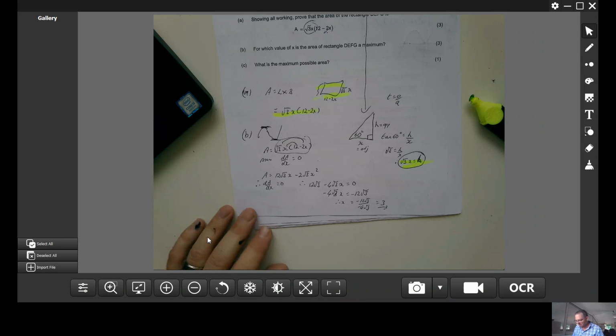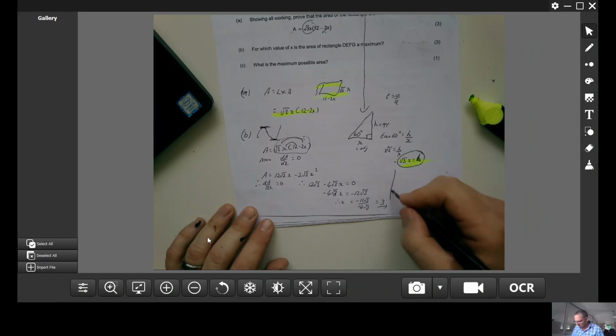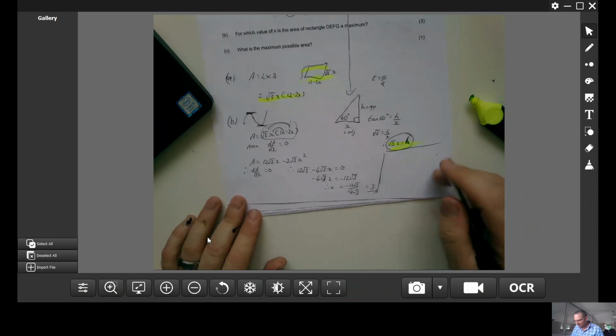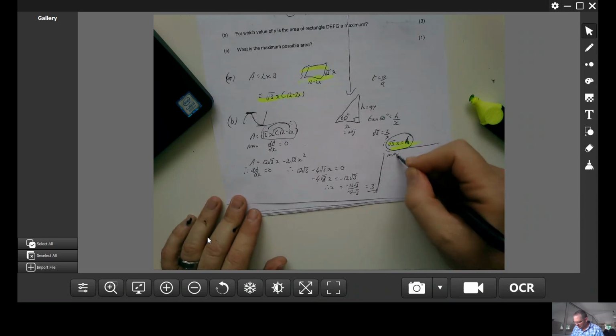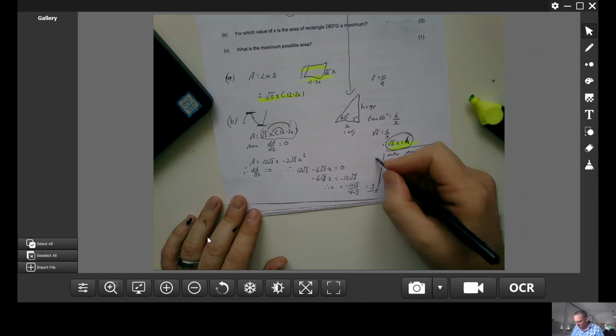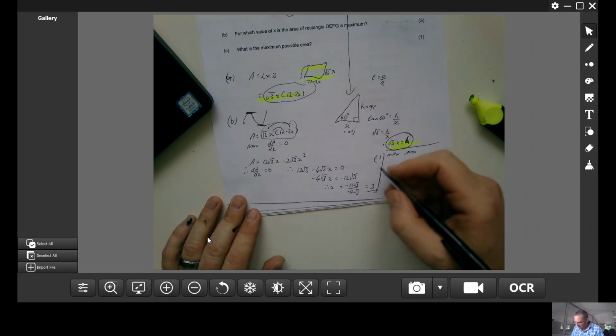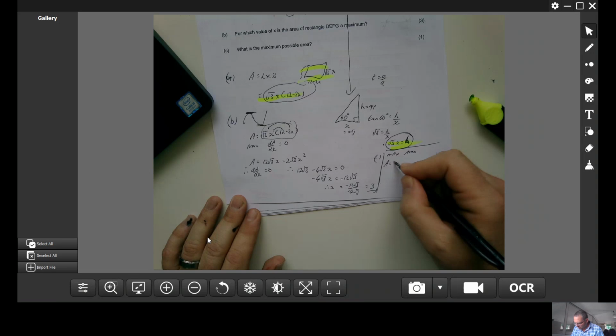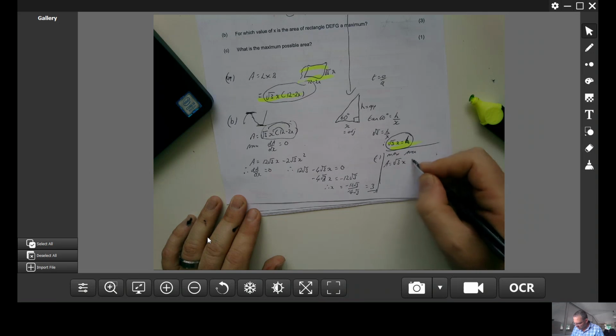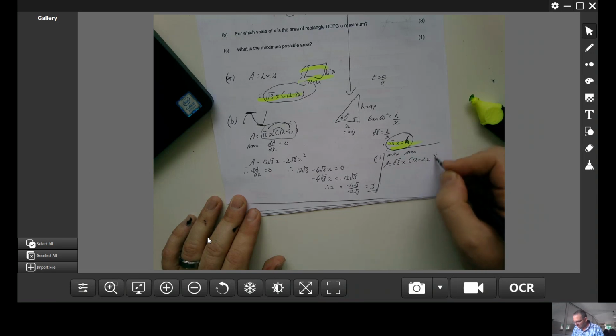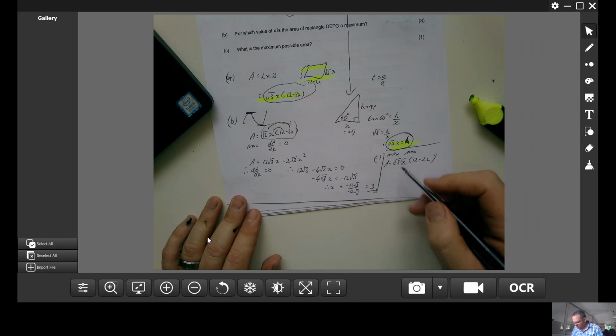So the area is maximized, so that's the end of B. So the maximum area happens when x is 3. In C they want to know what is the maximum area. Well, they gave us a formula for the area. The area is root 3 times x times 12 minus 2x, but the maximum occurs when x is equal to 3.